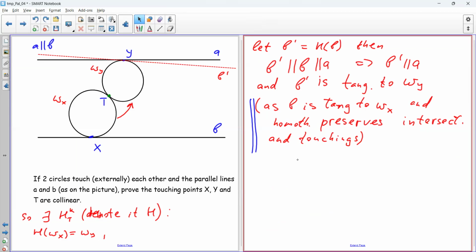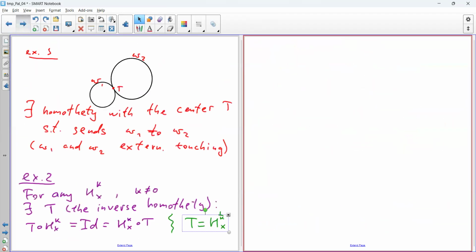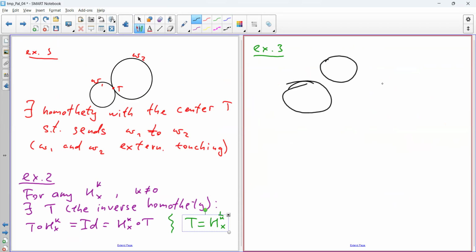That is, of course, more specific to a finite number of intersection points, including the case of no intersection at all, right? And why is that? Just because, if we have, exercise 3, two objects have no intersection, and we send them with the homothety to two other objects.